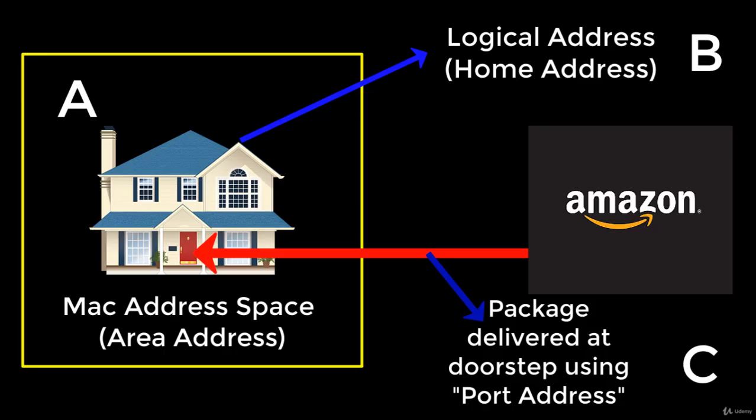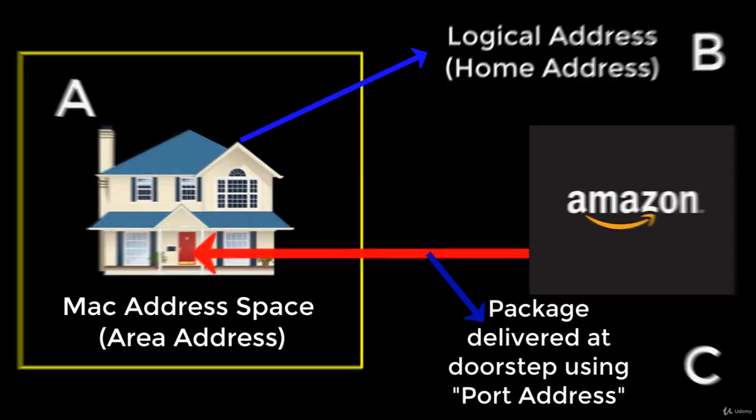So let us consider you live at house B in region A. But when the delivery person comes to your house, he wants that packet to get delivered to you specifically because that packet is ordered by you. Therefore, C is the address which is used to deliver that packet to you. And that is why all the three addresses are important in computer network.